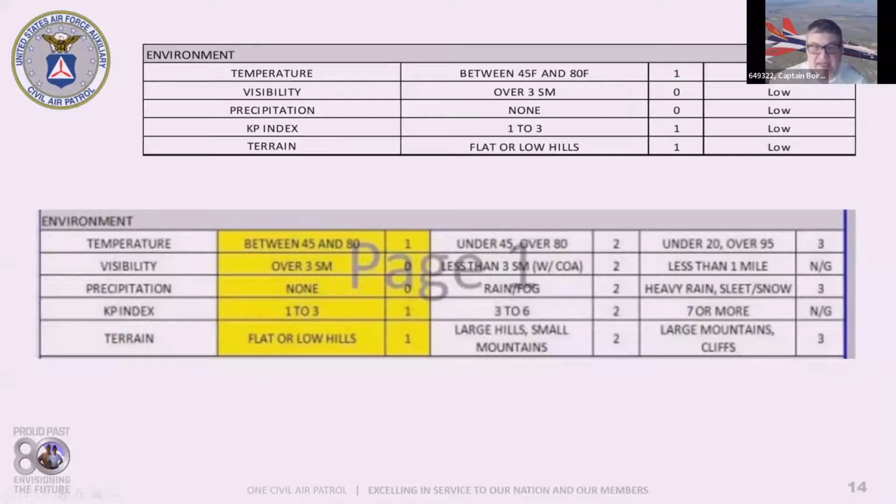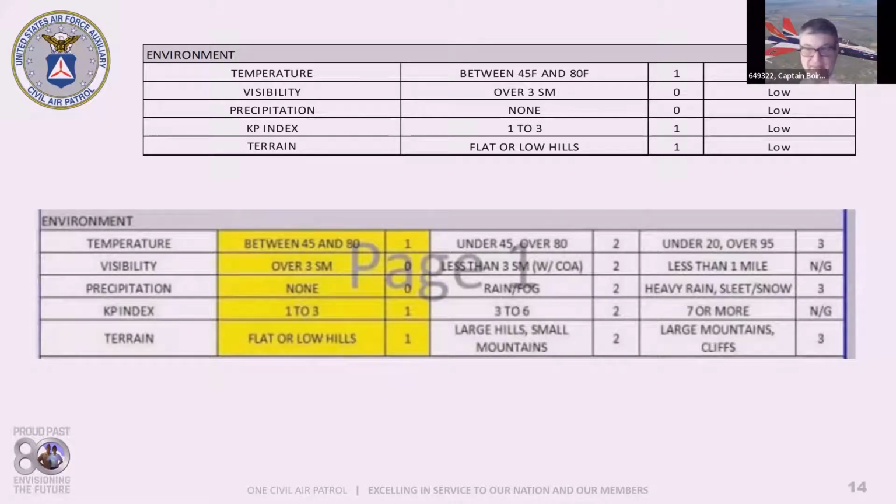The KP index. Okay. The KP index relates to electromagnetic interference. Higher indexes pose higher risk for the communications and control links necessary to safe UAS navigation. We've got an entire session on that coming up in a couple of weeks. So for now, just know what your score is based on the numbers.